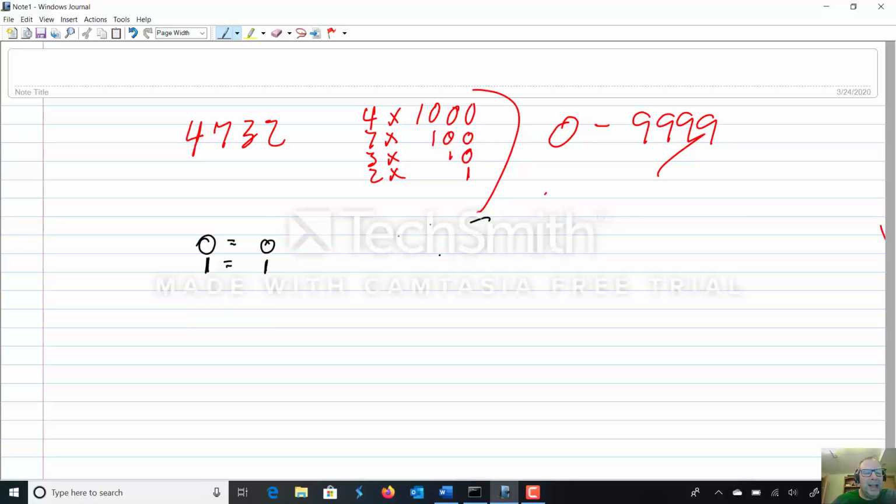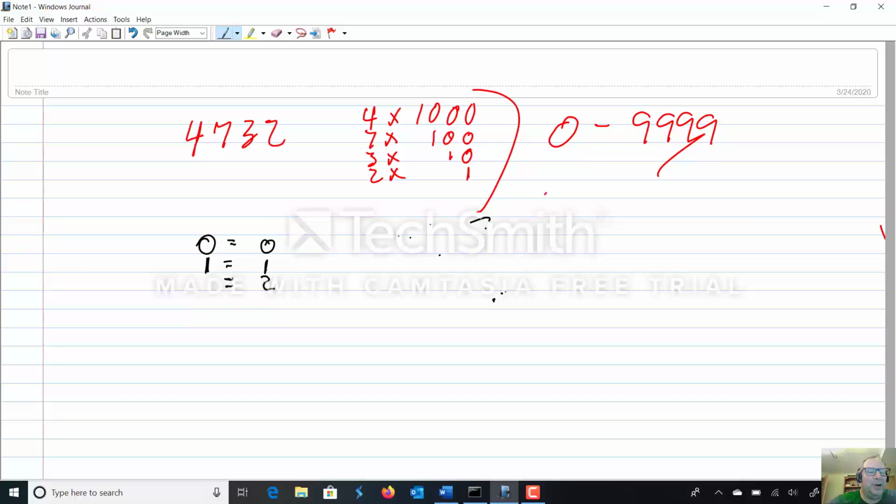So if I wanted to count to 2 with binary, we want it to be equal to 2. So 0 equals 0, 1 equals 1, and then we get to, gosh, we're out of digits.